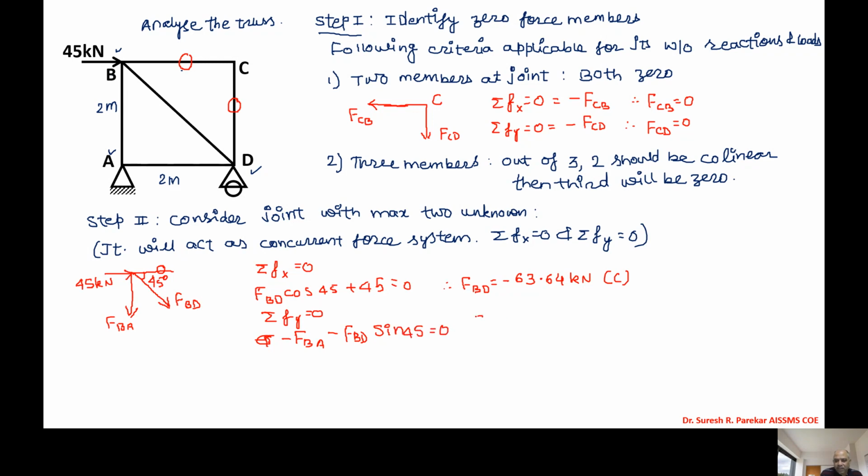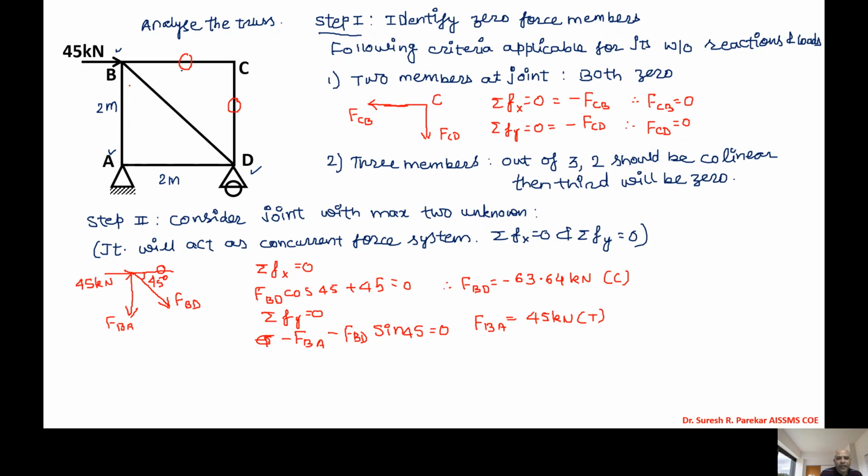If we solve this, we get FBA equal to 45 kilonewtons. The value is plus, so tensile. Now we will show these values in the diagram.